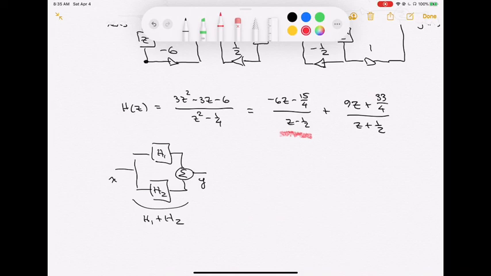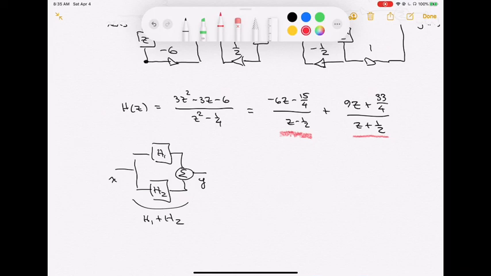To make a common denominator, I'd have to multiply top and bottom by z plus 1/2. To get the other one with a common denominator, it needs that z minus 1/2, so I'd multiply top and bottom by z minus 1/2. You go ahead and do those multiplications, and then you recombine all the numerators, and you should indeed get that original numerator, 3z squared minus 3z minus 6.